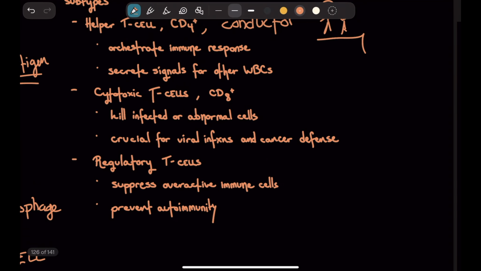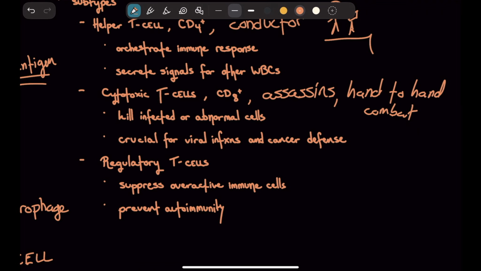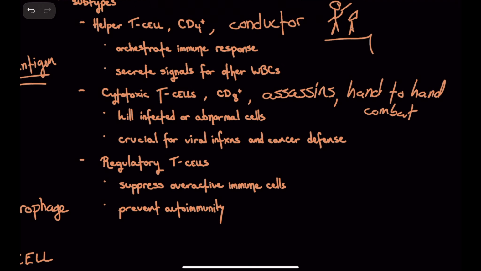Your cytotoxic T cells, I like to think of them as assassins, or hand-to-hand combat. With these, they're going to go right up to the infected or abnormal cells and get rid of them.